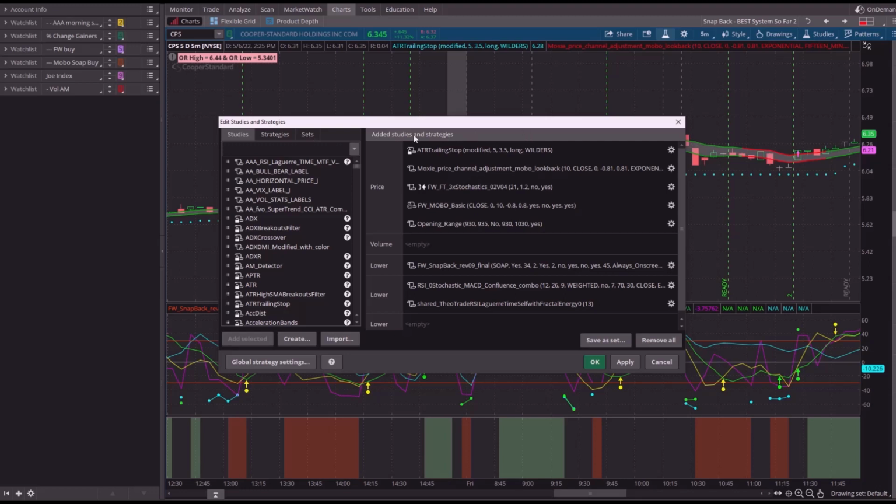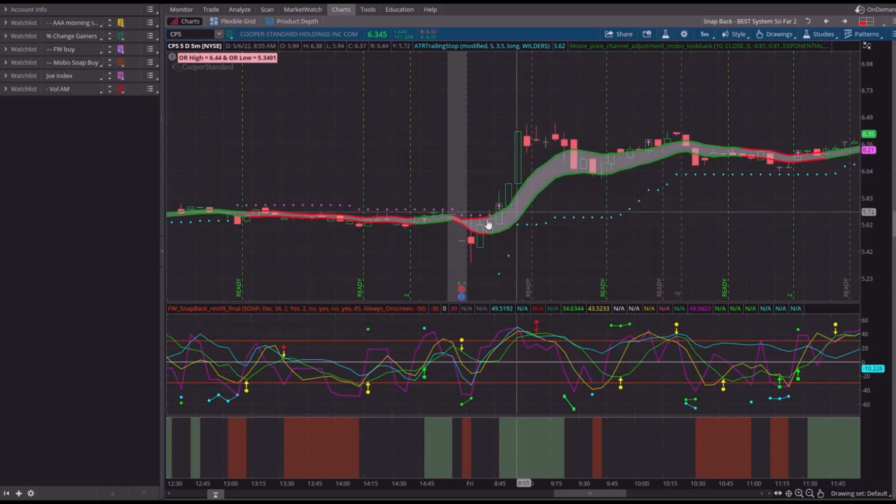So the Moxie price channel adjustment with the mobile look back, that is what you see here with the red and the green lines. I adjusted it with the mobile look back, and so it helps you also with the mobile.